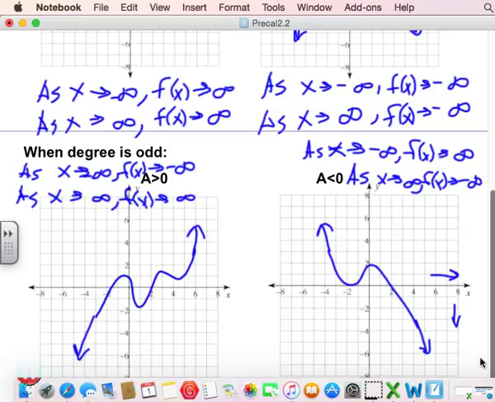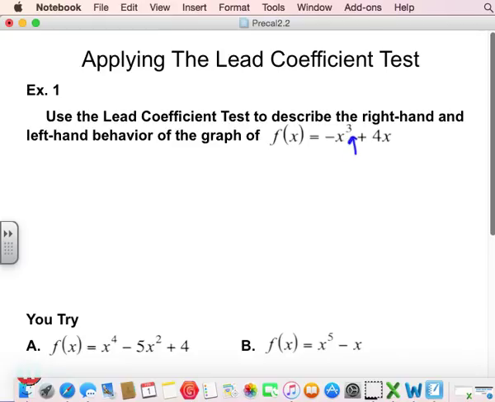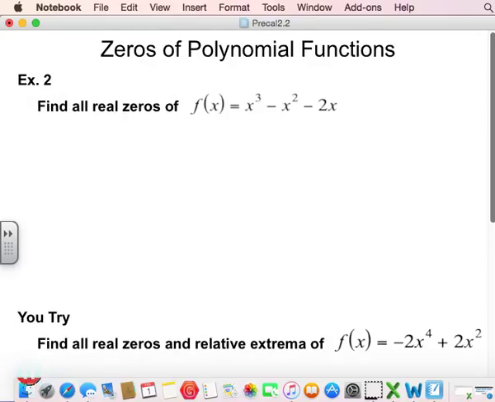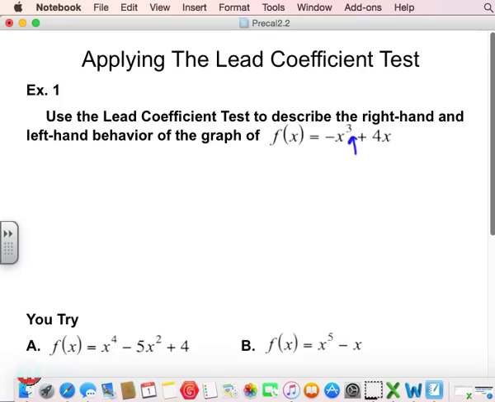One's going to go down, one's going to go up. Whenever it is odd and the lead coefficient is negative, like in this situation, since it's going to be different, we know since it's negative, it's going to be like a negative slope. So if it's a negative slope, that means it's going to be going up on the left and down on the right, because it's got to start up high and come down low to be a negative slope.